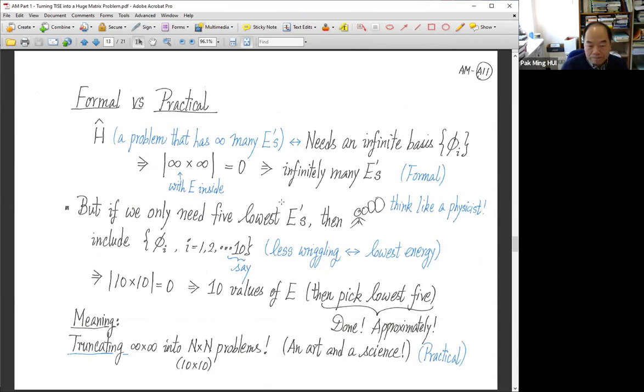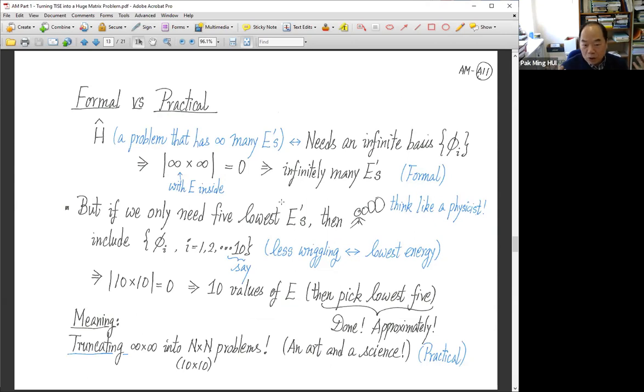For example, very often, we don't want all the eigenvalues. For example, we only have one particle and we expect that the energy is not that high. So we only want the lower few eigenvalues, the energies. We don't care about the 101st up there, okay?